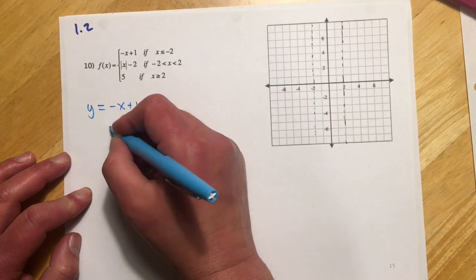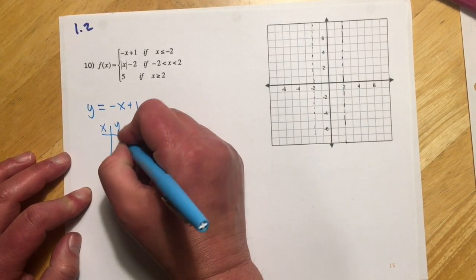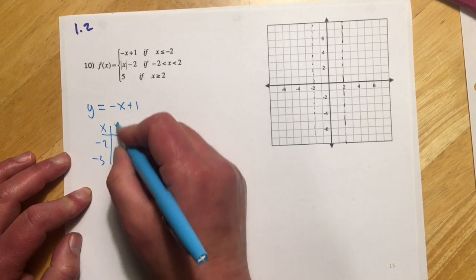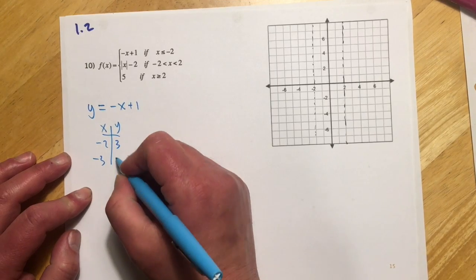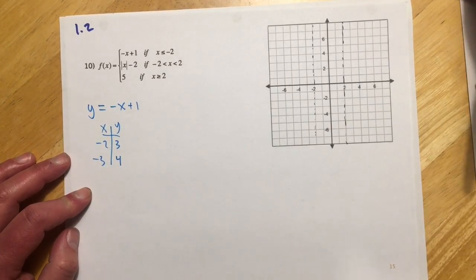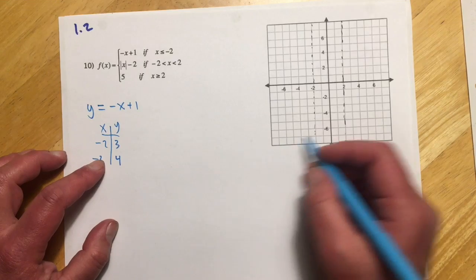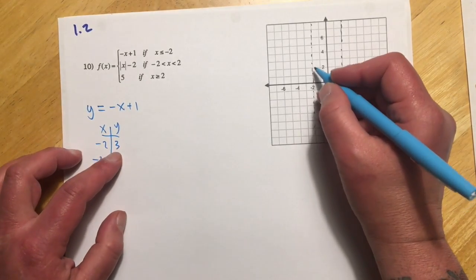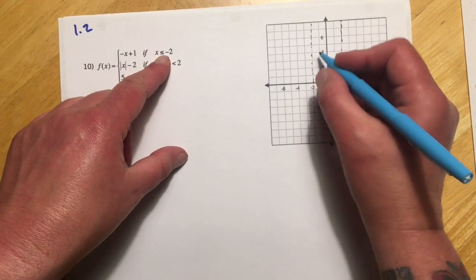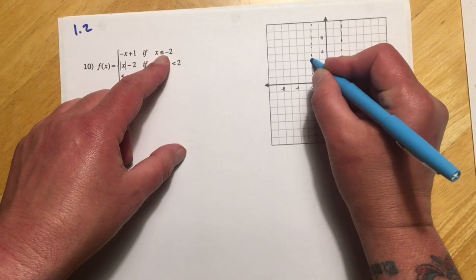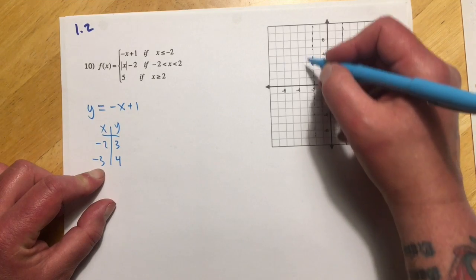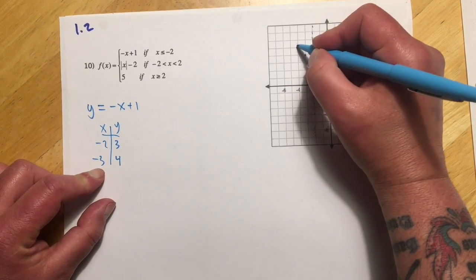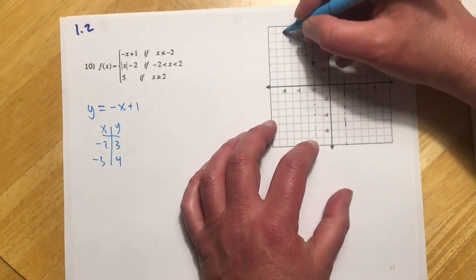So I could do negative 2, negative 3, x, y, x is negative 2, x is negative 3. So negative of negative 2 would be 2 plus 1 is 3, and that's going to make this one come out to 4. So negative 2, we have 3, and that is solid. And then at negative 3, I have 4. And then it's just going to follow up like that.